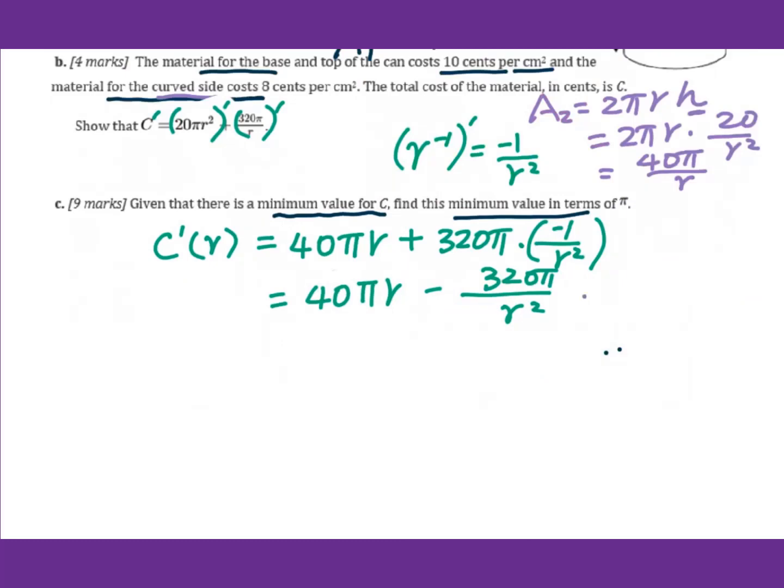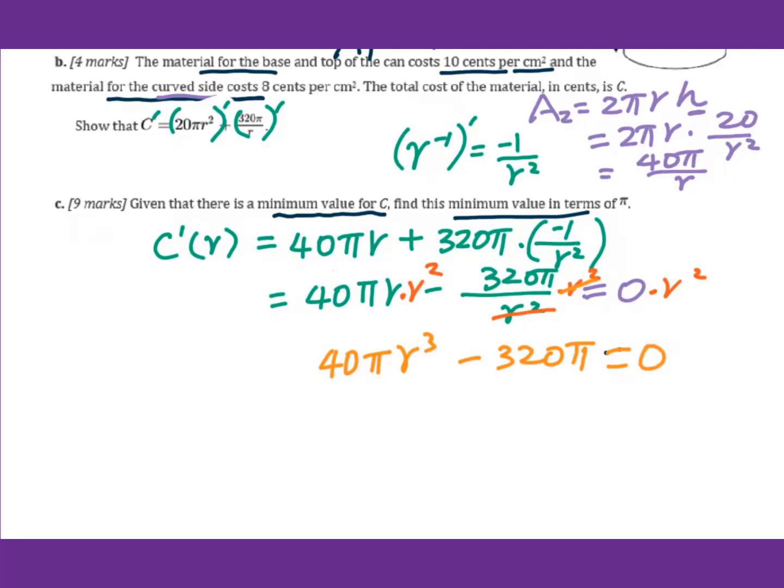You will set this equal to 0 to solve for r. First of all, we need to get rid of this r squared, so you multiply everything by r squared. You will get 40 pi r to the third power minus 320 pi equals 0.